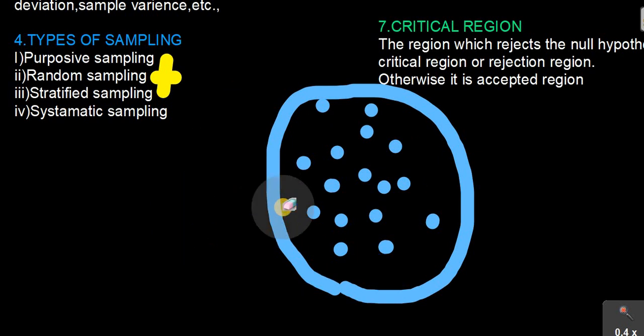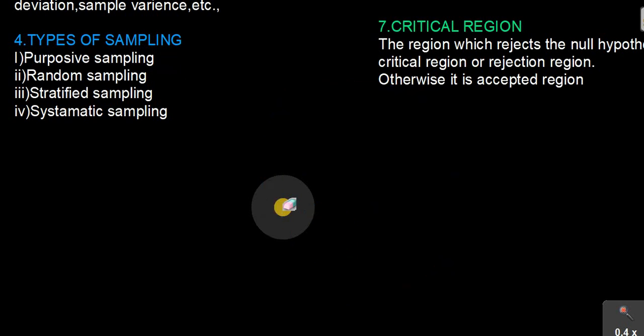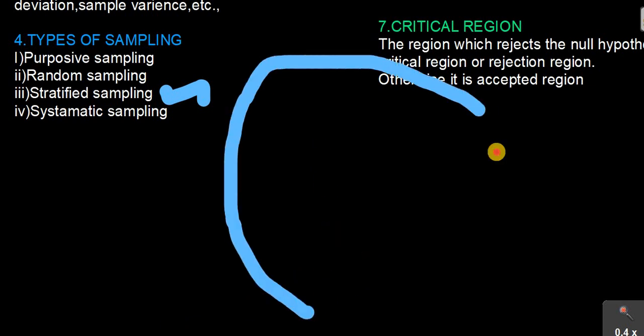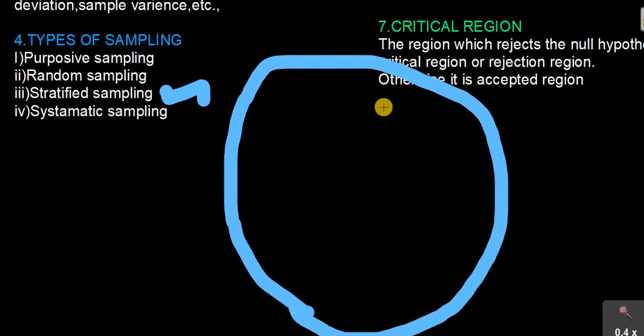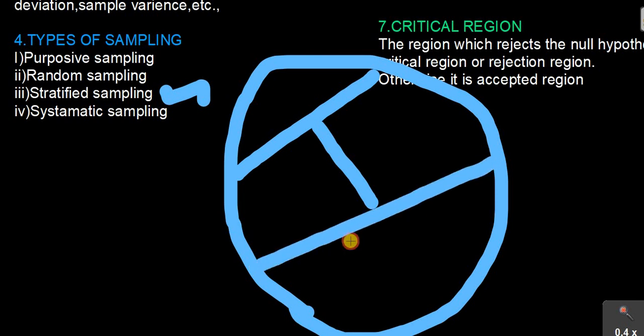Next we talk about stratified random sampling. Again, suppose this is the population. This population I am stratifying, meaning I am dividing this population into small divisions.